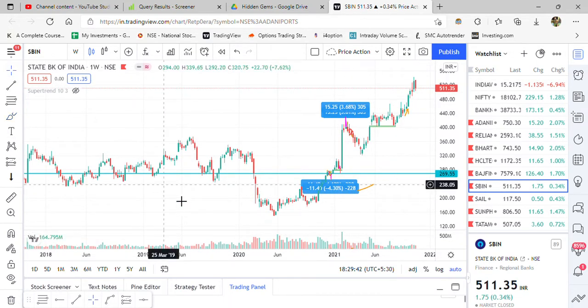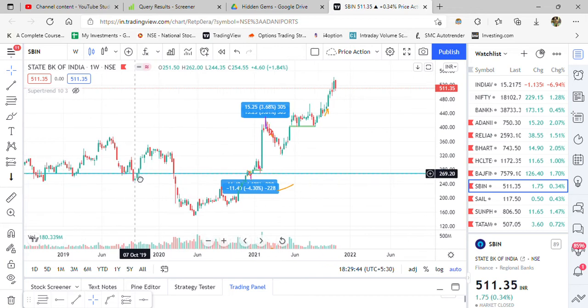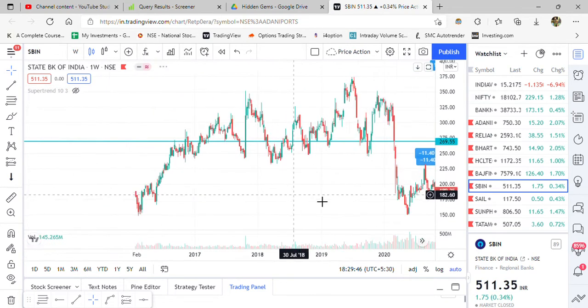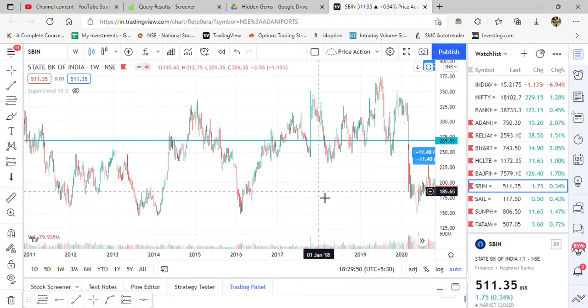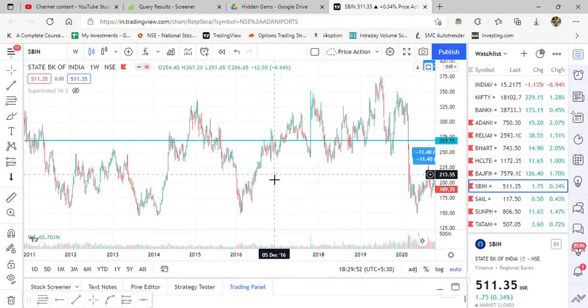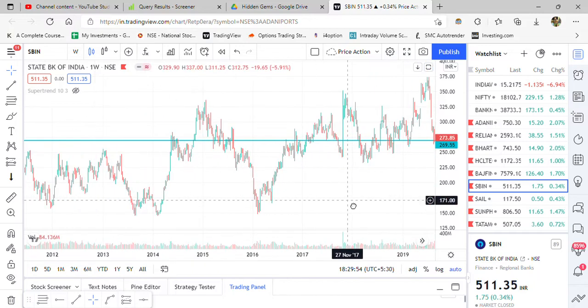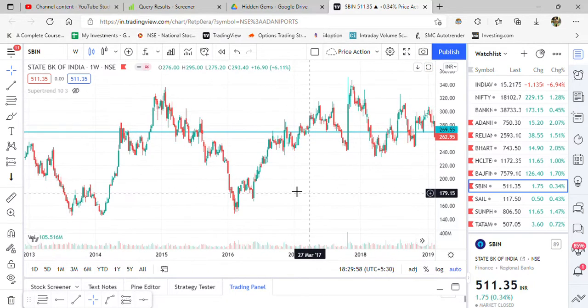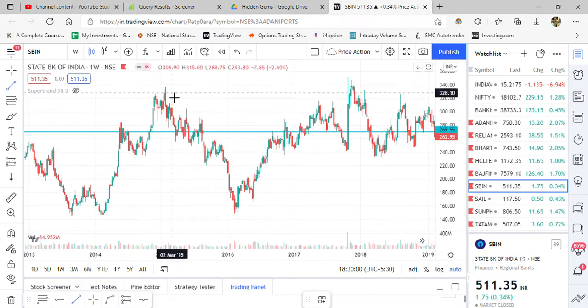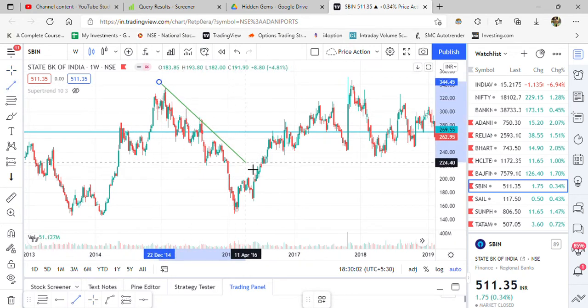Again, let's see. See, trend line should not be too much vertical like this.